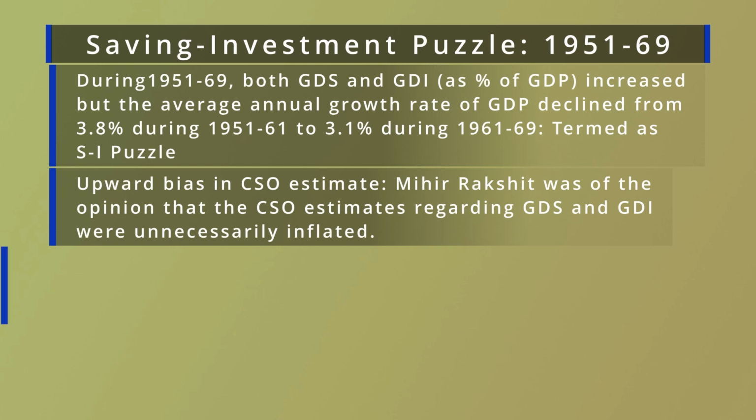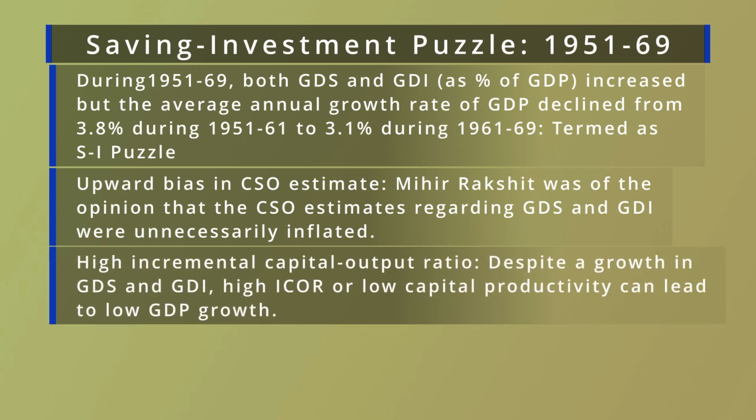Number two, the incremental capital output ratio, despite the growth in GDS and GDI, may be high. That means in the denominator you have your incremental capital output ratio, and in the numerator you have the savings ratio.